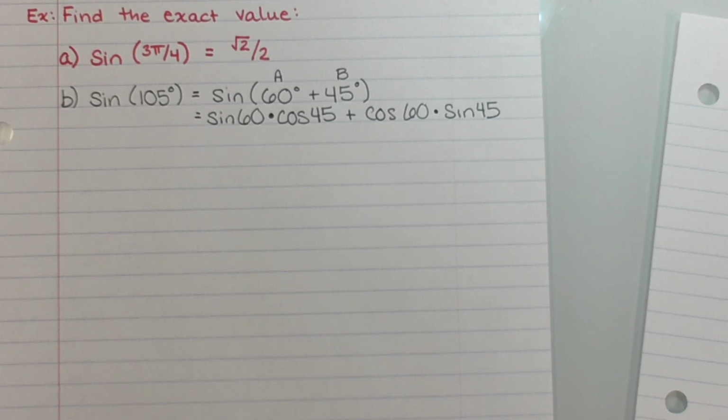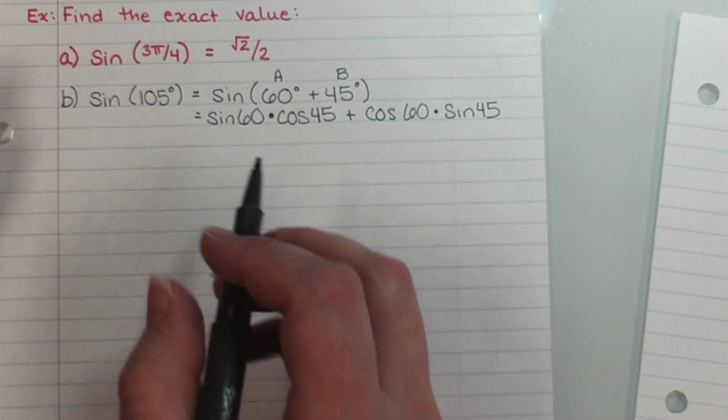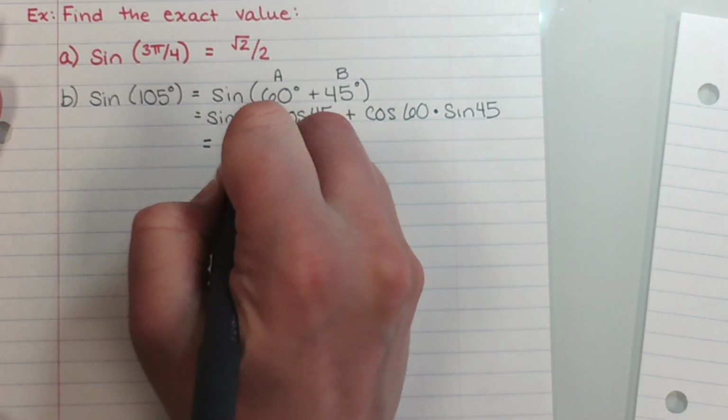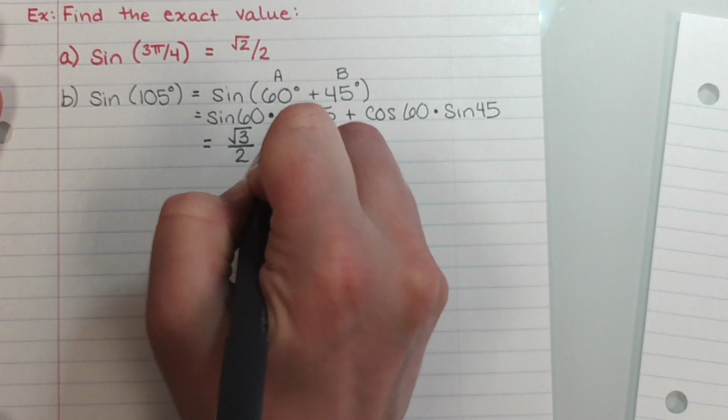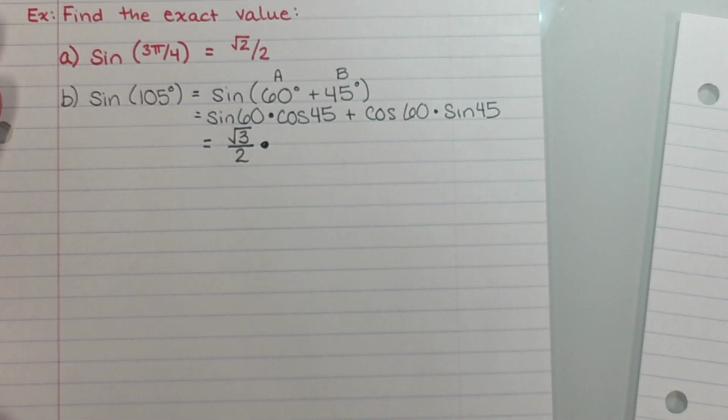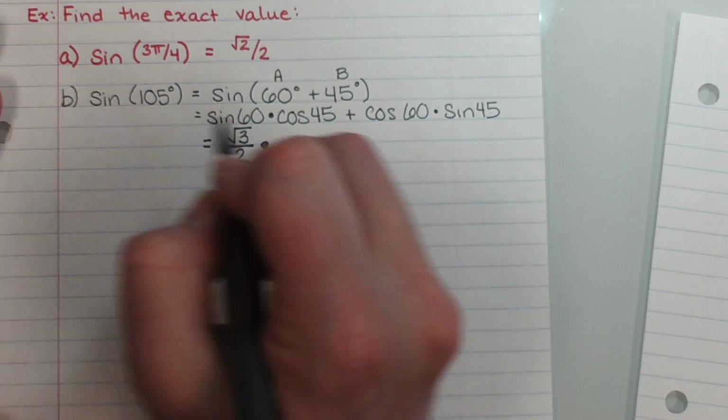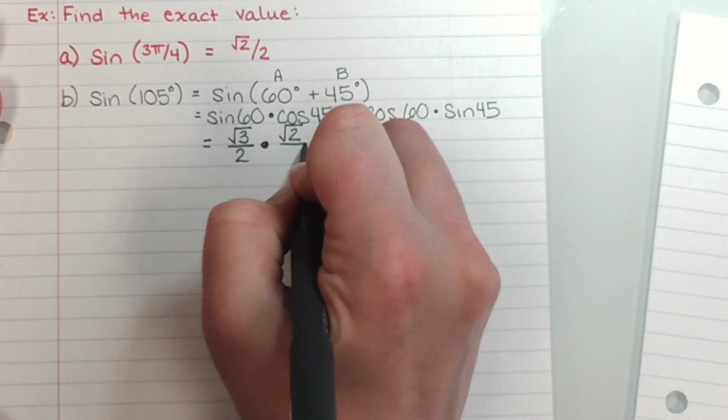From here, we can evaluate each of those individual trigs. What is sine of 60 degrees? Square root of 3 over 2. Times cosine of 45 degrees. Square root of 2 over 2.